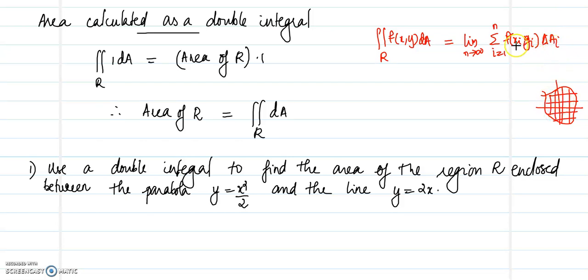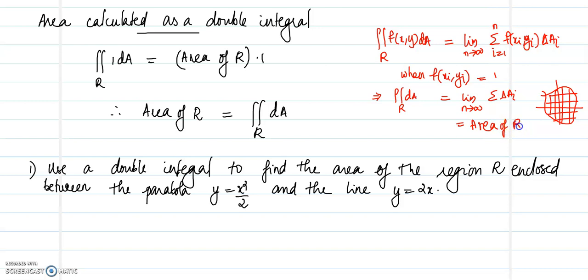So when f of xi yi, that is, when the height is equal to 1, this will become the double integral over R dA, which is the limit as n tends to infinity of the summation of delta Ai.